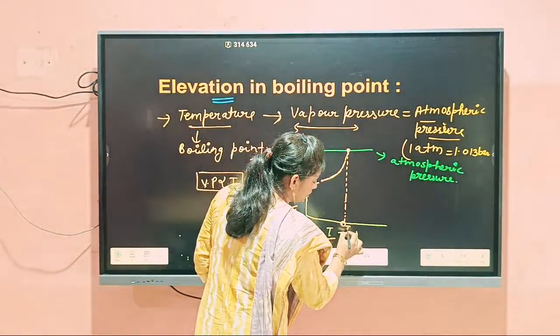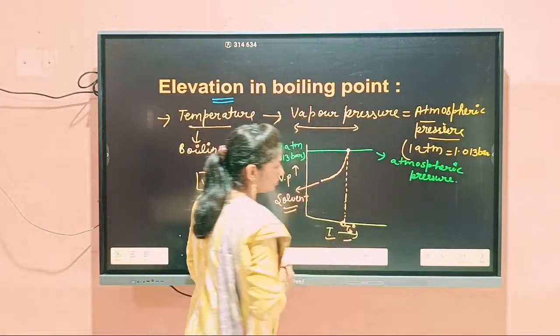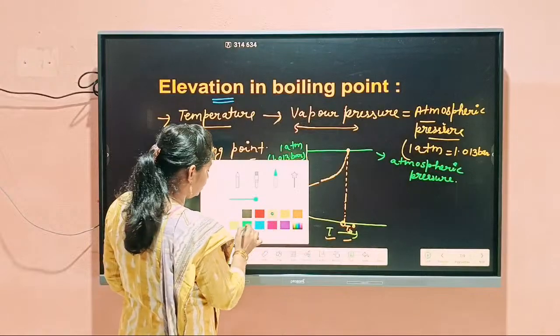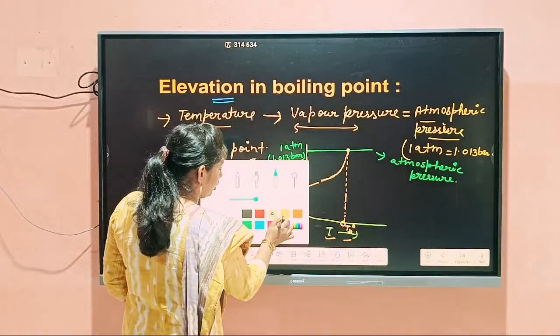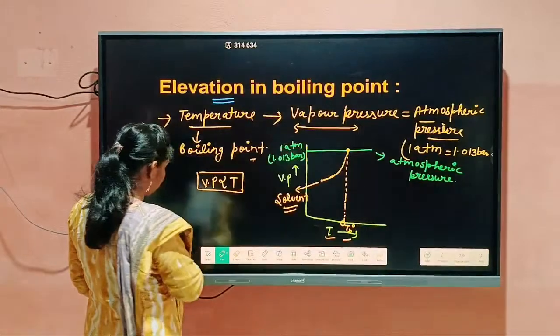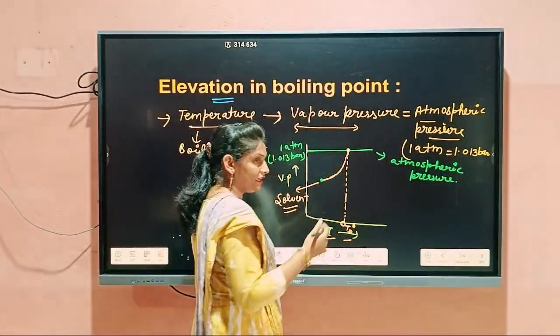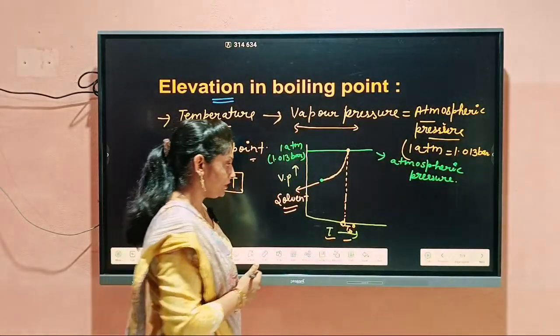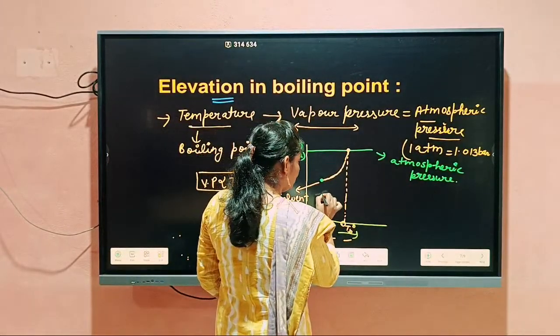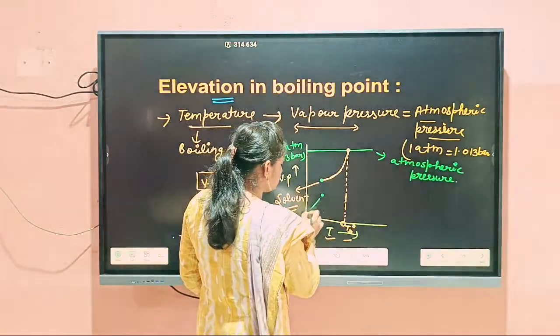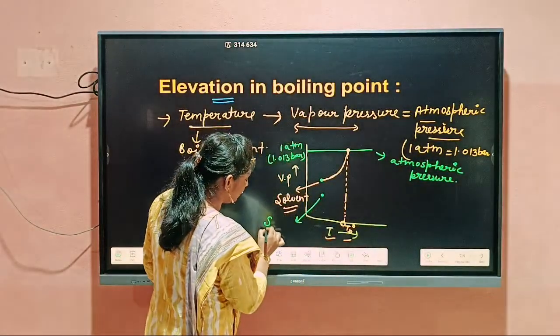I can write it this way, TB naught. And you know very well, students, the vapor pressure of the solution is always less than the vapor pressure of the pure solvent, as you have already seen in relative lowering of vapor pressure. So let us consider this is the vapor pressure of the solution.